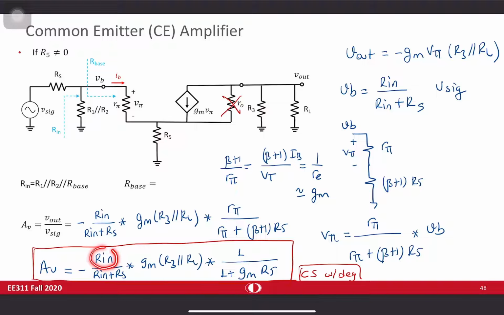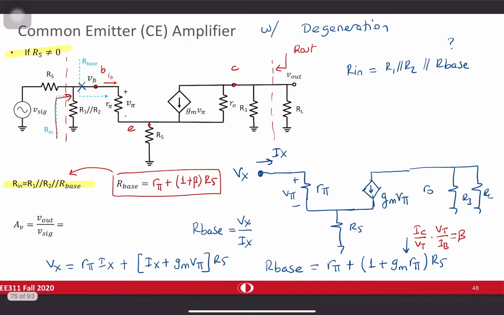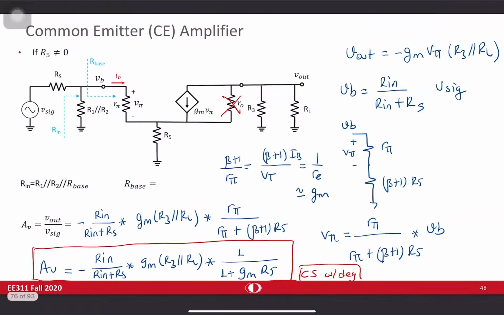Your Rin is not as low as R pi anymore. If you take a look at the previous slide, your Rin is improved. So this Rin is better than common emitter case, but still less than common source case. And Gm of BJT is larger than Gm of MOSFET, but the overall gain is decreased by 1 plus Gm R5.